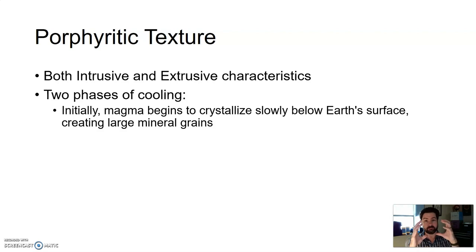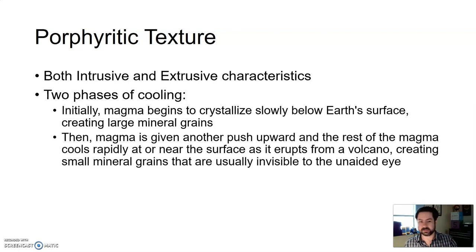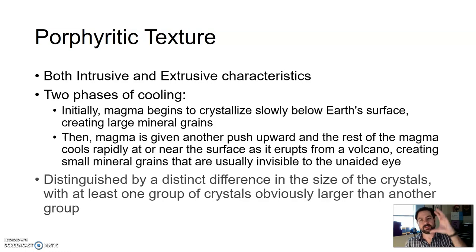And then for some reason, something from below said, you know what, magma, let's just continue our way out. So that magma body then gets pushed closer to or onto the surface, so the rest of that molten material cooled very quickly. So you get this mix of bigger crystals that cooled when that material was underground, and all of a sudden that material gets pushed above ground and everything else cools very quickly, so it's smaller crystals.